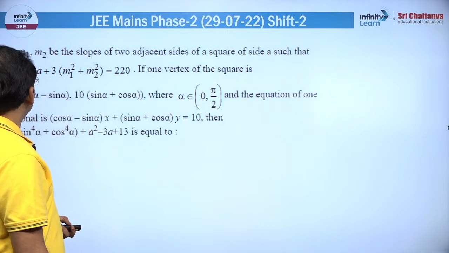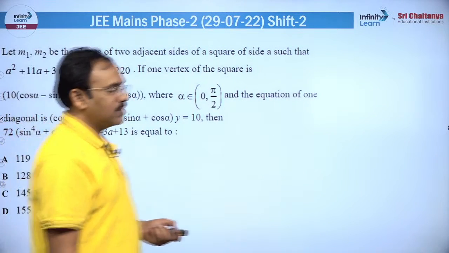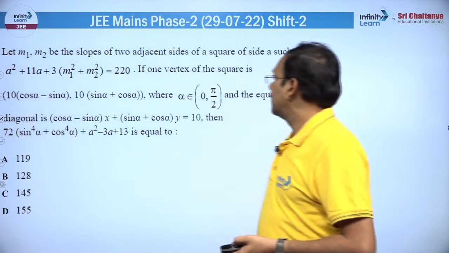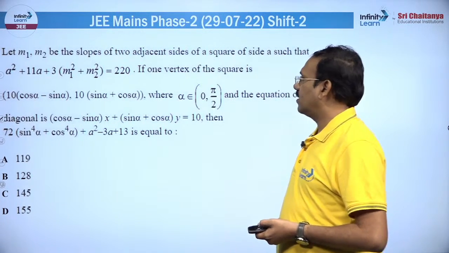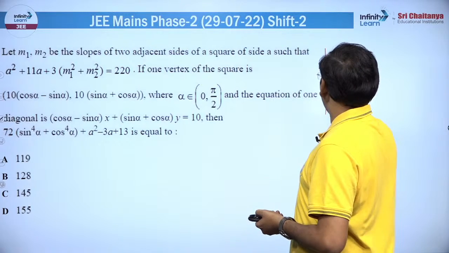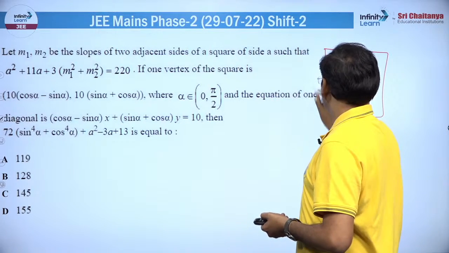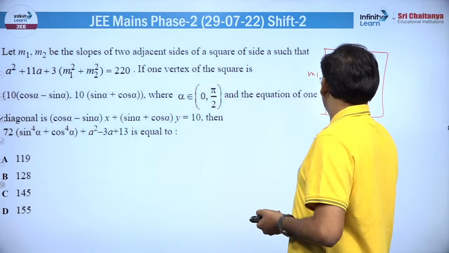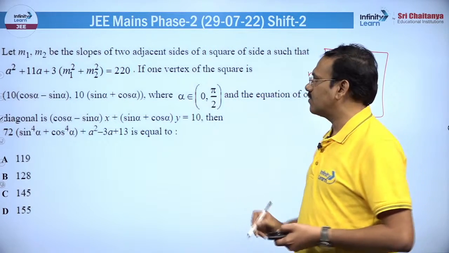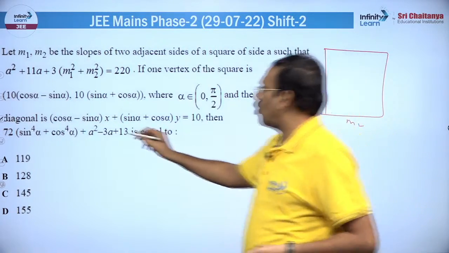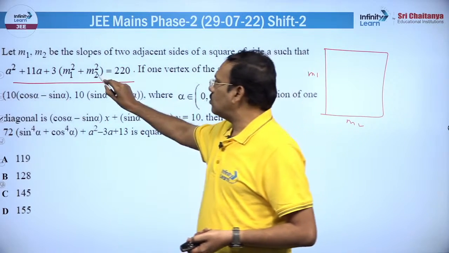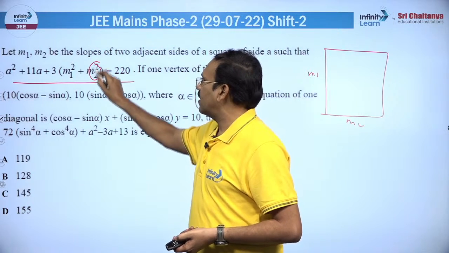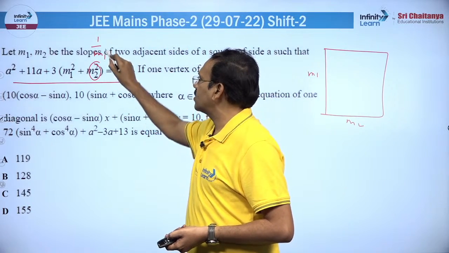Next, this is another question: m1 m2 be the slopes of two adjacent sides of a square, right. That means for a square, my dear friends, if you take the slopes m1 m2, m1 m2 is equal to minus 1. And he has given a quadratic equation connecting this in terms of a. Here m2 you can write minus 1 by m1, this is 1 by m1 square you can write.